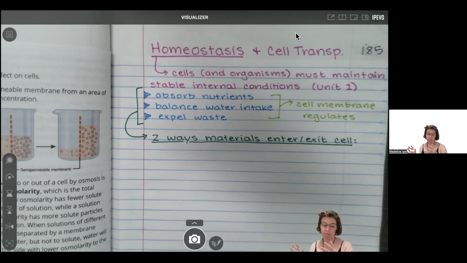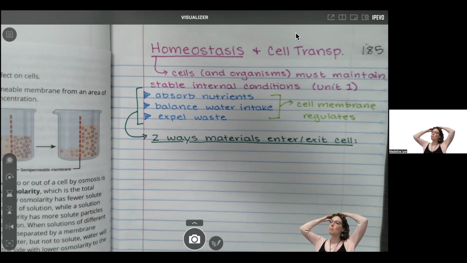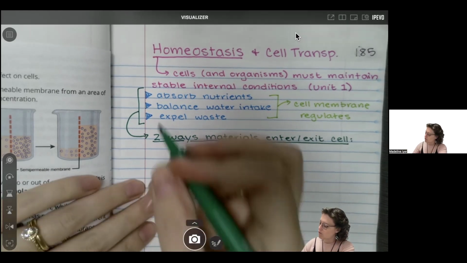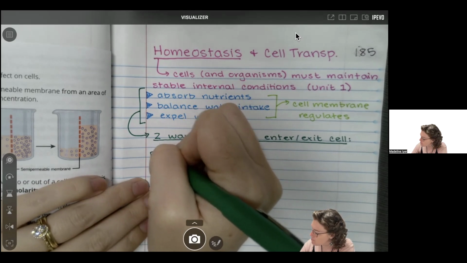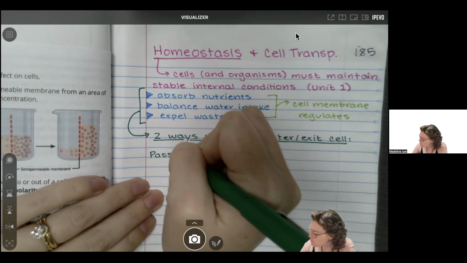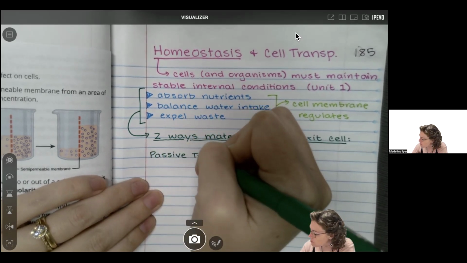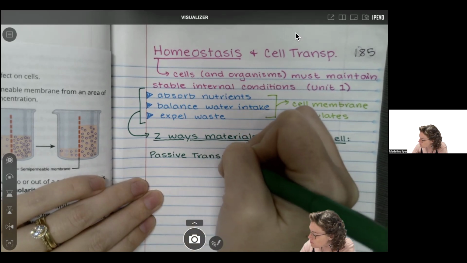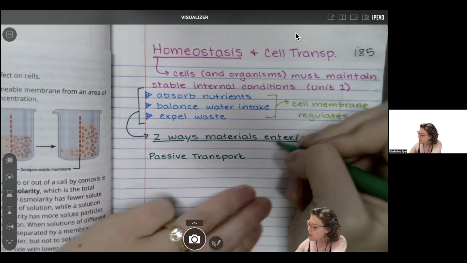We can sum these up in 2 words, either passive transport, meaning it doesn't require a lot of energy, or active transport, meaning it does require energy. So here we go. Passive transport, active transport.